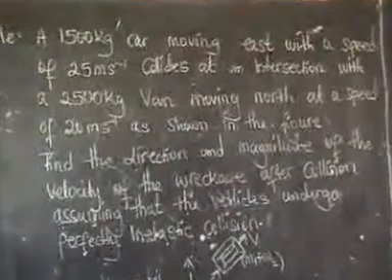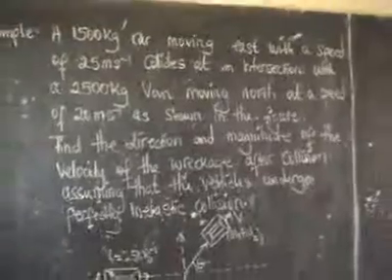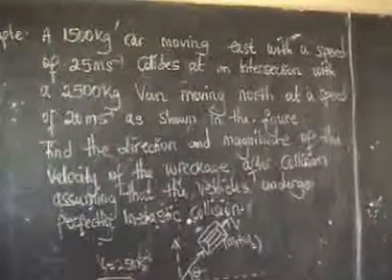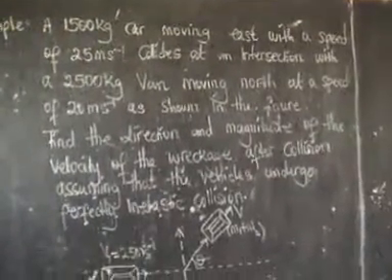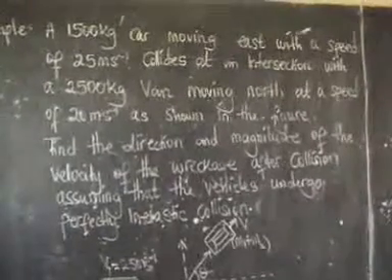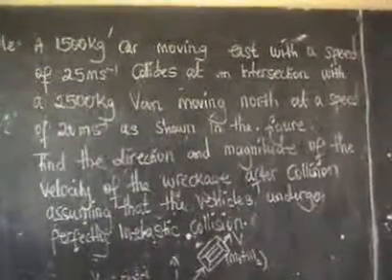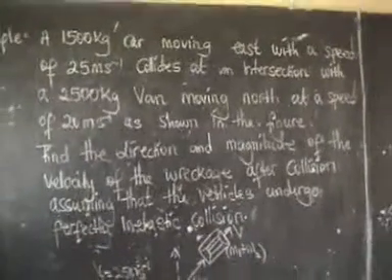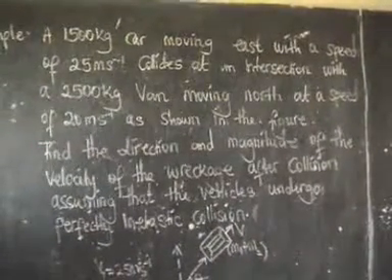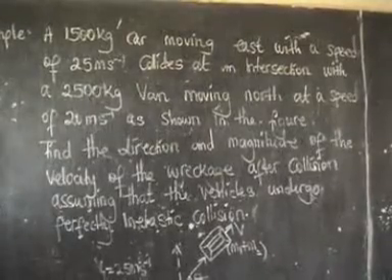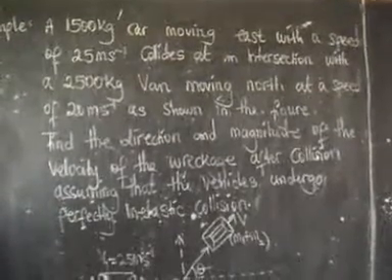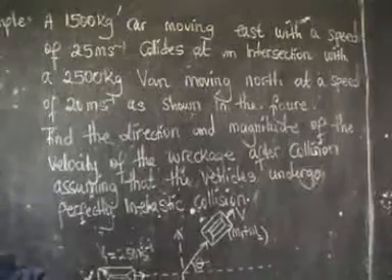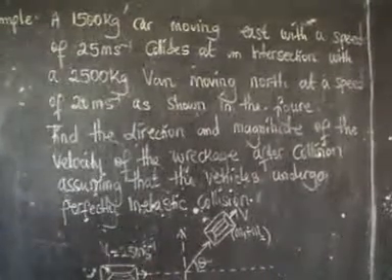So a 500 kilogram car moving east with a speed of 25 meters per second collides at an intersection with a 2,500 kilogram van moving north at a speed of 20 meters per second as shown in the figure.